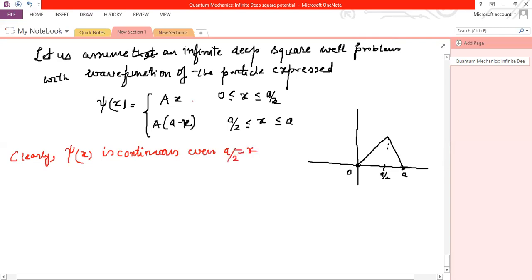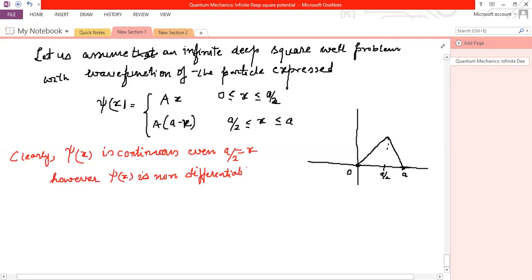That is evident. You can find the limit as x tends to a/2, so both the left hand and right hand limits are the same. However, psi(x) is non-differentiable at a/2.